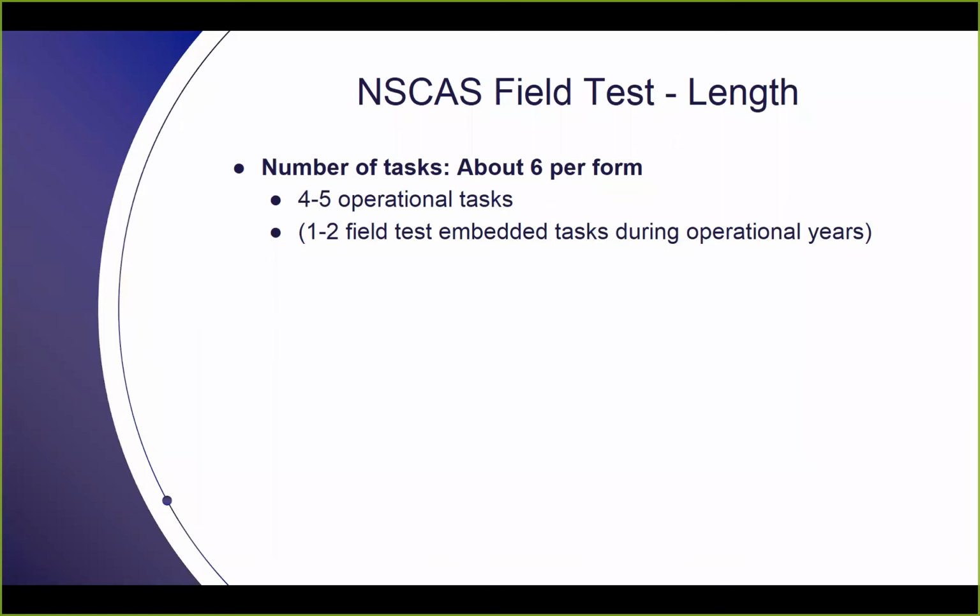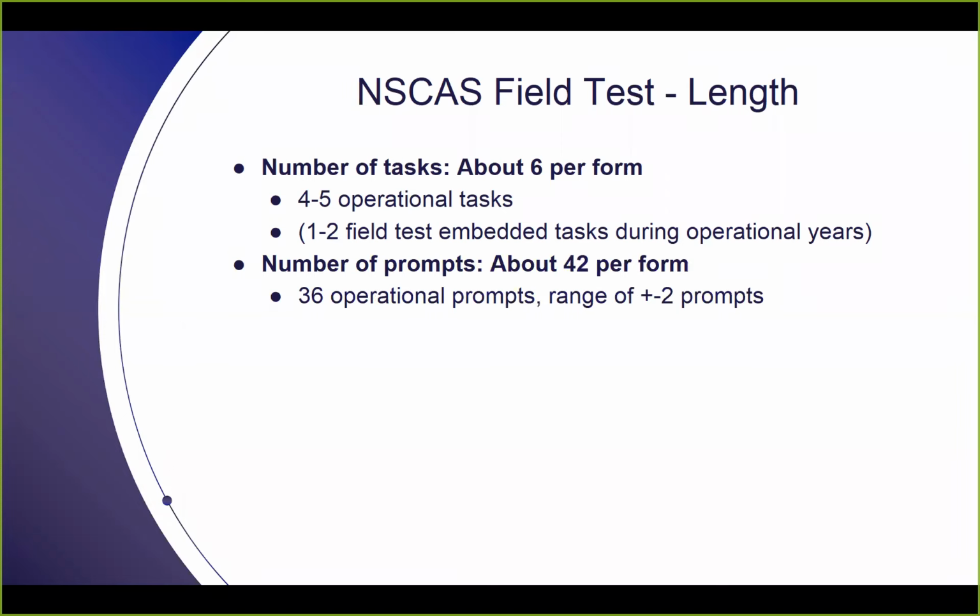So the test gets a little longer, but once again, we do that so we don't have to do 2 tests. We don't have to do a field test and an operational test. We embed them. It makes it a little longer for all students, but it's a simpler design in the long term, because we continually have to develop new content for this and all of our tests. And this is the way we've been doing it for a long time. But just know that that's going to be ongoing.